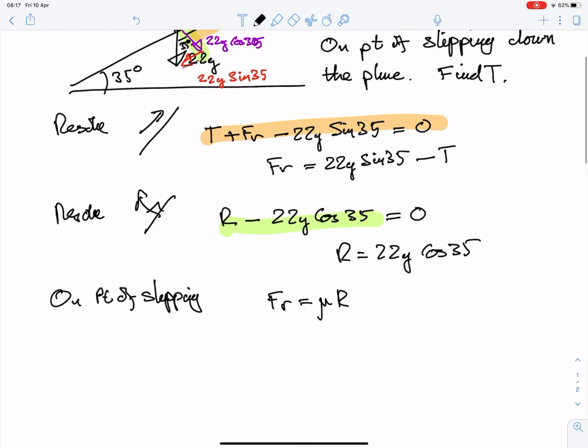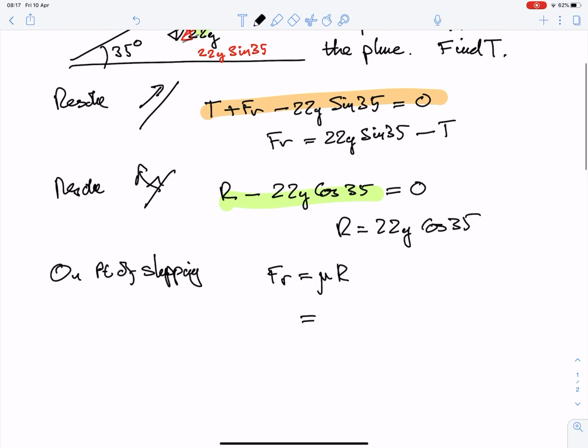So now we can substitute in from above. We're given in the question mu, which is 1/8. R is 22g cos of 35, and we can substitute into the friction 22g sine of 35 minus T. So now we've got one equation with one unknown.